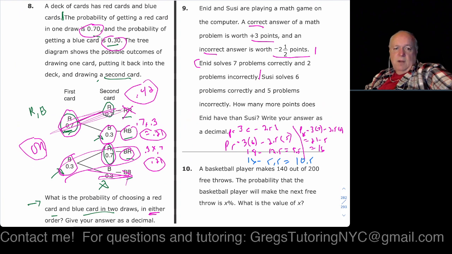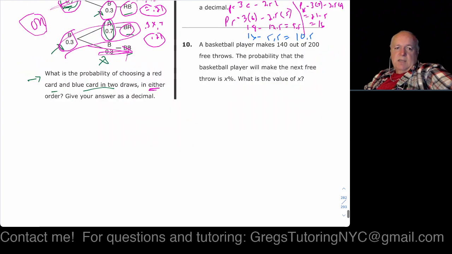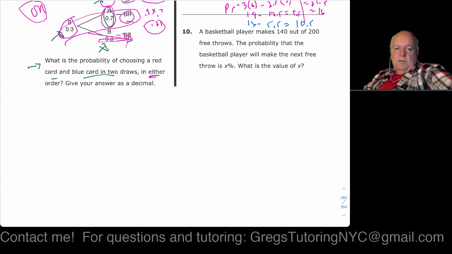And finally, we're at question number 10. A basketball player makes 140 out of 200 free throws. Awesome, dude. The probability the basketball player makes the next free throw is X%.